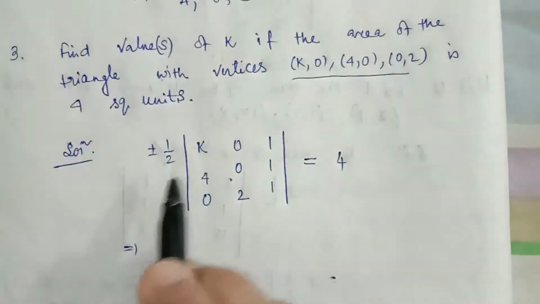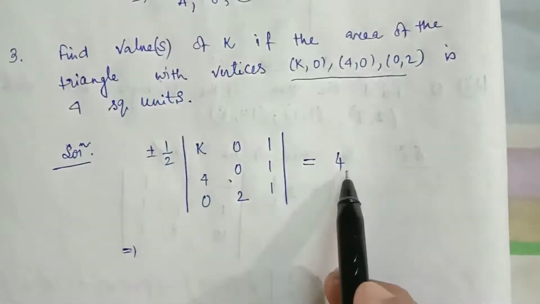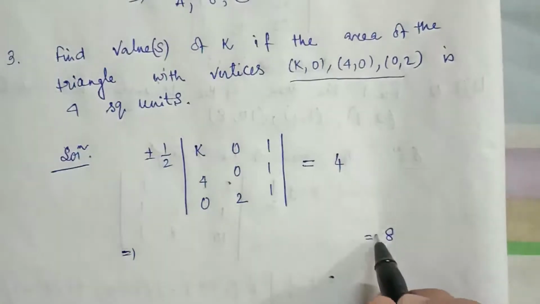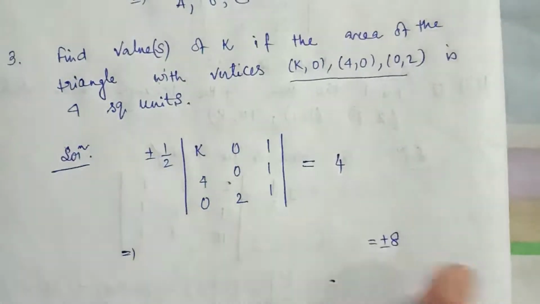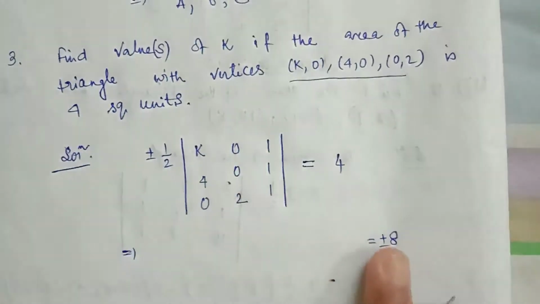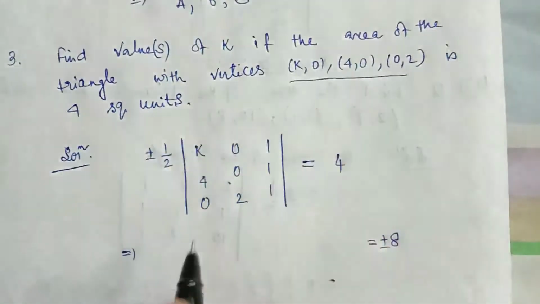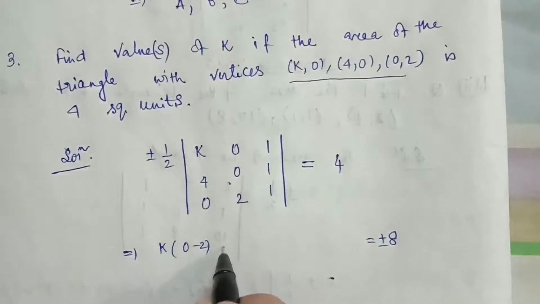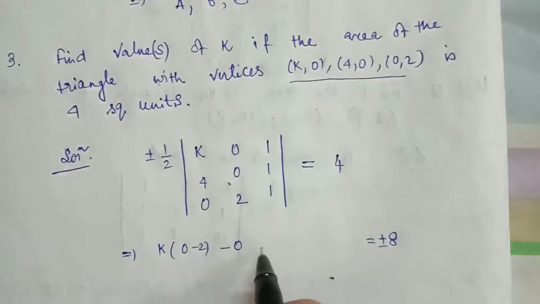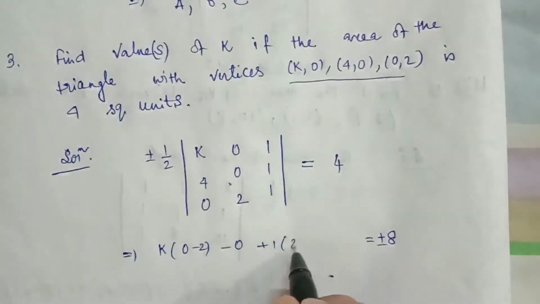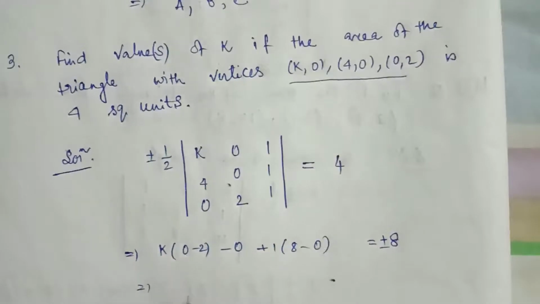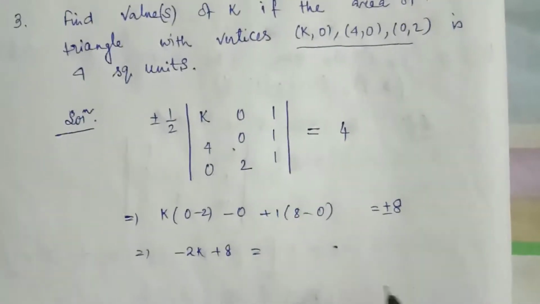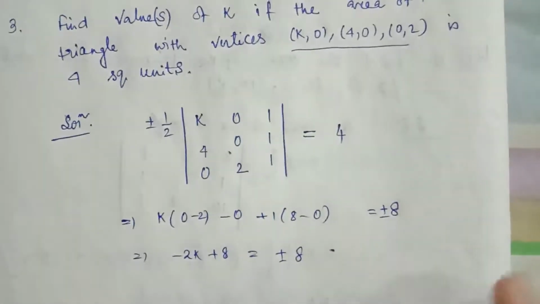Next, if we cross multiply, 2 into 4 will be 8, this side will be 8, taking plus minus sign in that side. You can take plus minus sign in the left hand side or in the right hand side, no problem. Now expanding this determinant, k into 0 minus 2, minus 0 into anything will be 0, plus 1 into 8 minus 0. This will be minus 2k plus 8 is equal to plus minus 8.